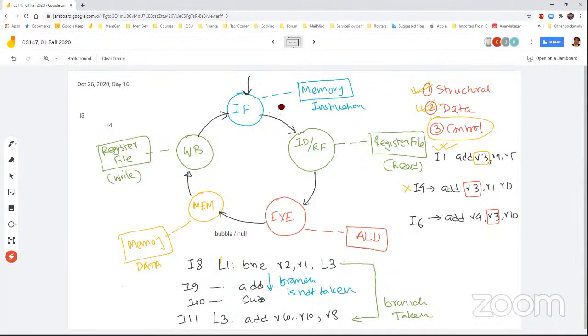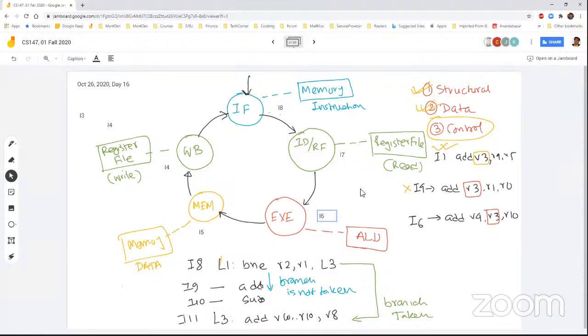That means in the pipeline, let's say we expect I7, I6, I5, I4, and they're in the pipeline.